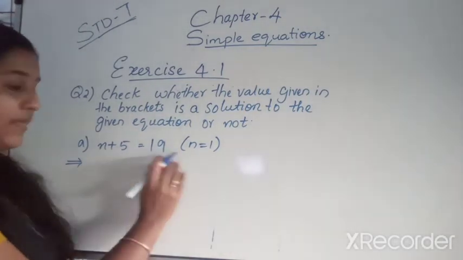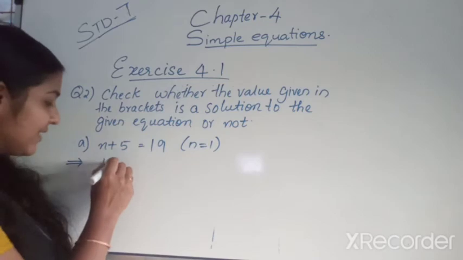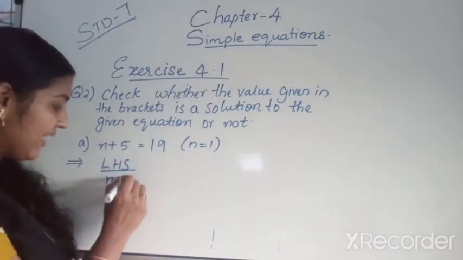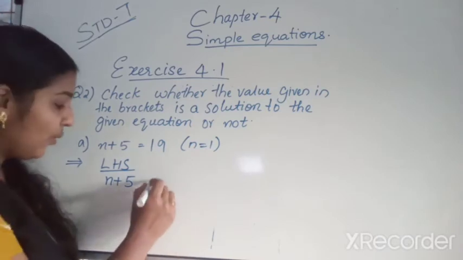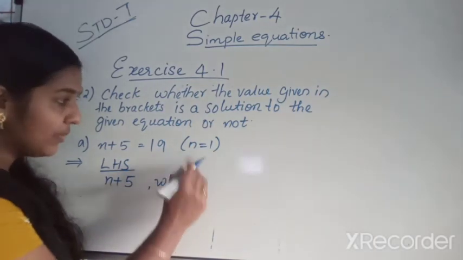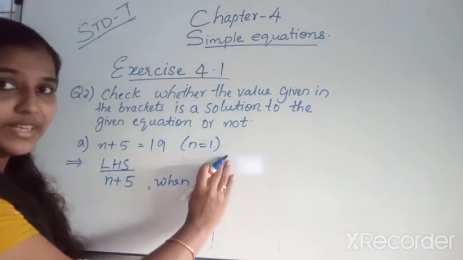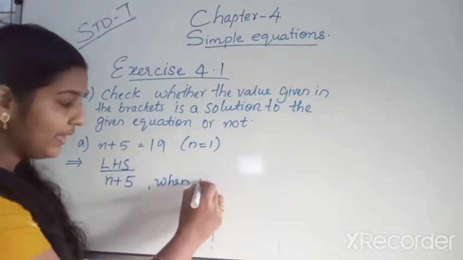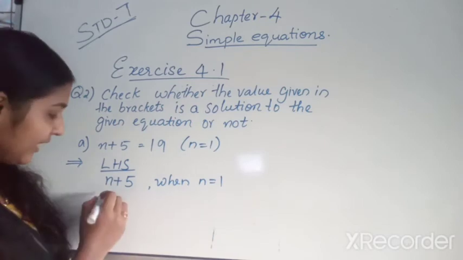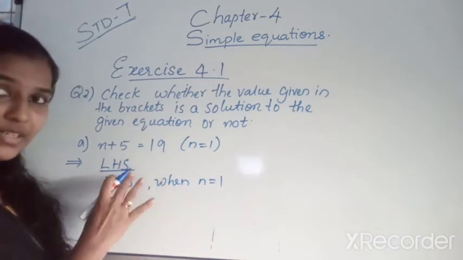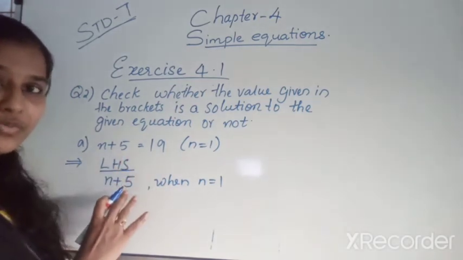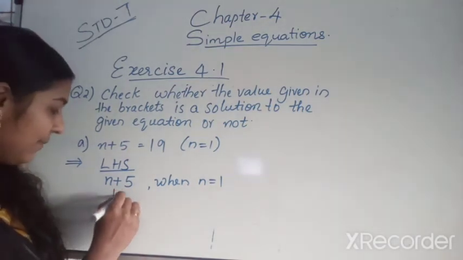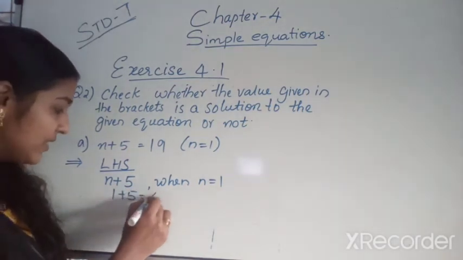From this equation you write the LHS first. That is left hand side. LHS is n plus 5. When n is equal to 1, the value given in the bracket, you can check how LHS will become. So 1 plus 5 is equal to 6.